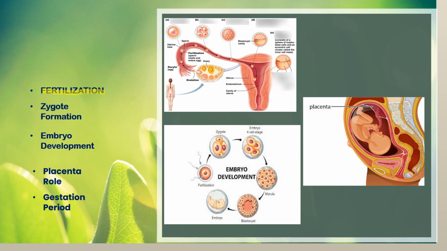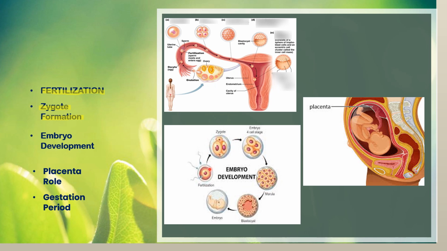Okay, the next point is zygote formation. Fertilization, you got it, no, children? So what is zygote formation? A zygote is the first cell formed when a male gamete fuses with a female gamete. You can see here, when the fusion occurs, it forms a zygote.